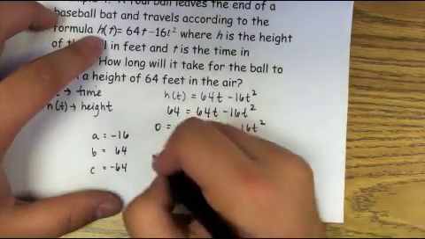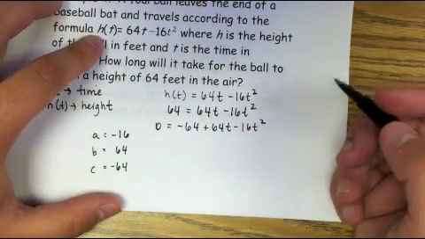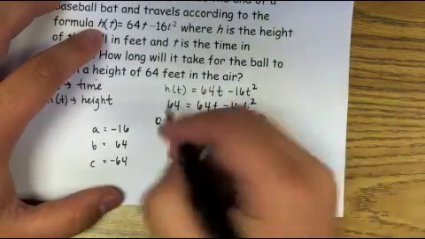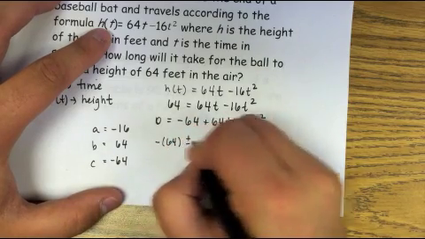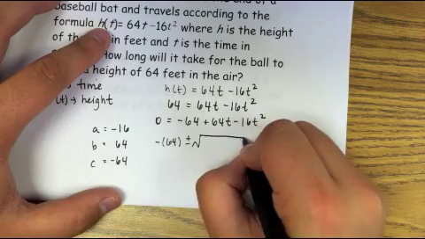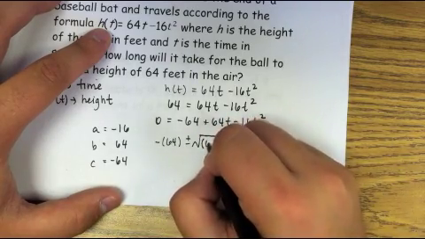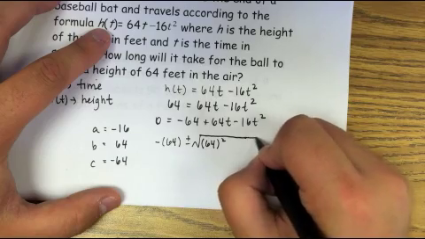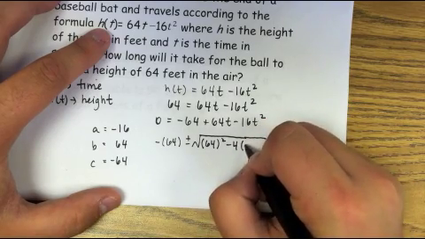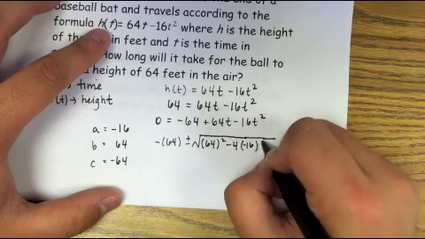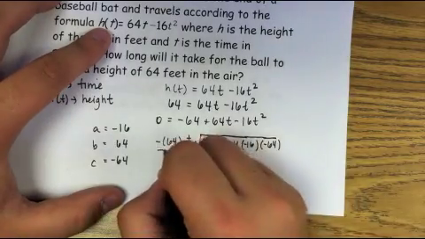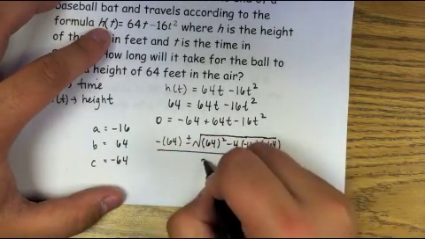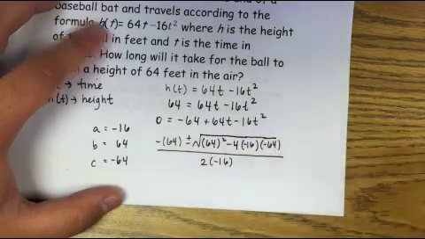Okay? So our formula, I'm not going to write it down again. Refer back to the other problem. So here we go. Negative b plus or minus the square root of b squared, so 64 squared, minus 4 times negative 16 times negative 64, all over 2 times negative 16.